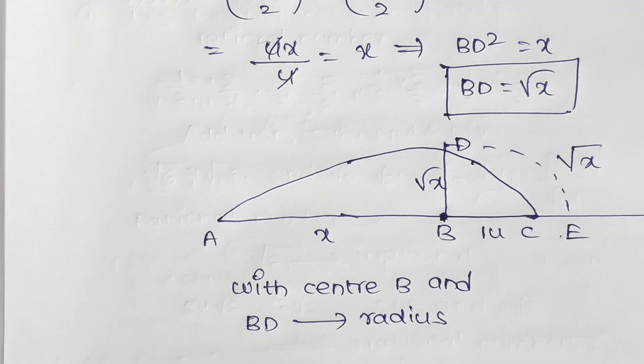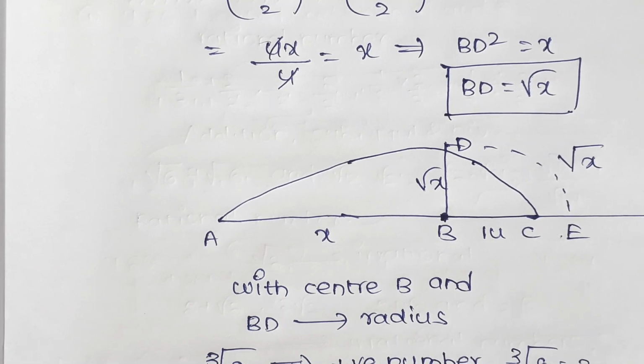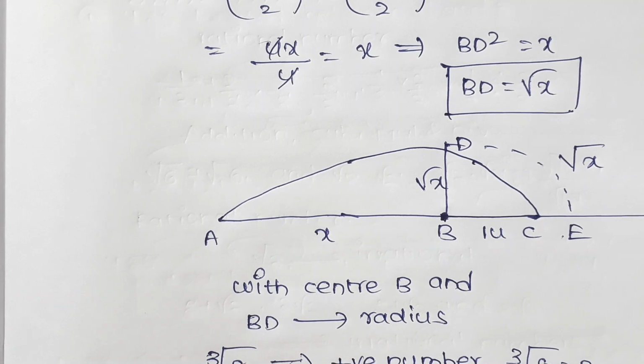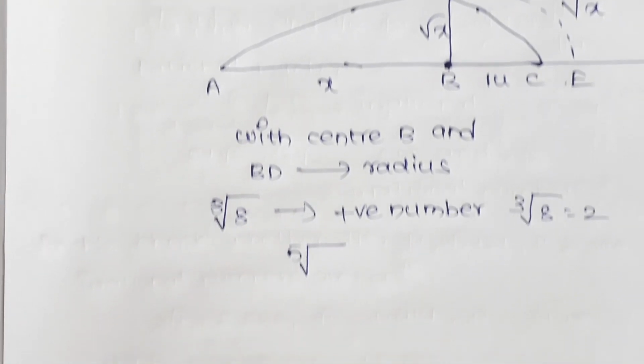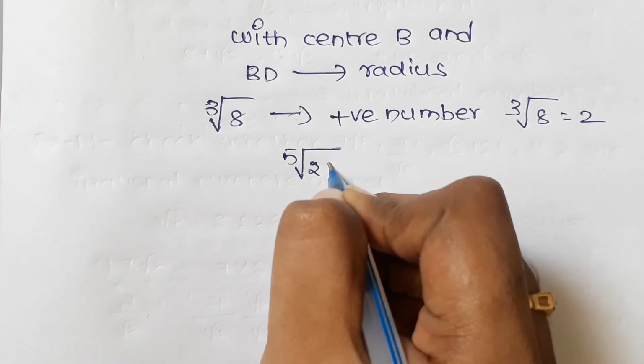And now let us see that is cube root. Let us see some example. That is now 3 root 8, that is cube root 8, and we know here 8 is a positive number and we can guess it as cube root of 8 is 2. And similarly let us try it for fifth root of 243.